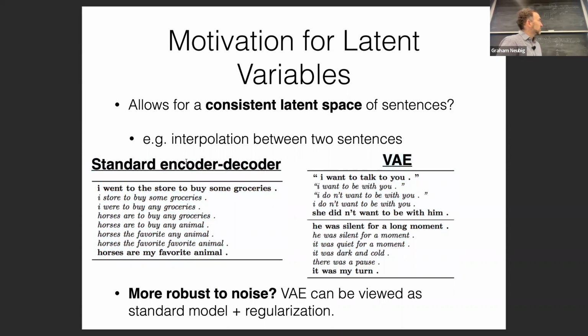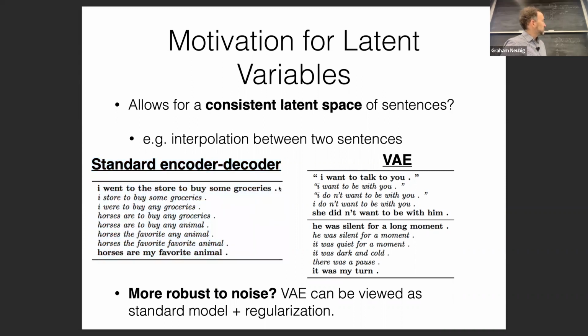In a standard encoder-decoder, we might have a latent space that looks a little bit like this. We have a lot of points up here and a lot of points up here, and it's really sparse in between. Essentially, the sentences generated from the middle would not be natural sentences, or the representation there is not very natural.